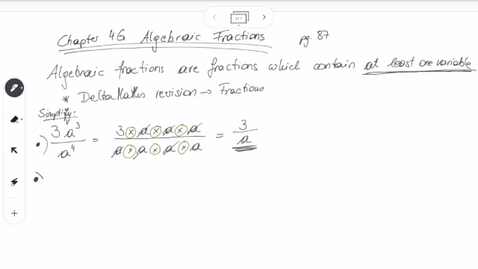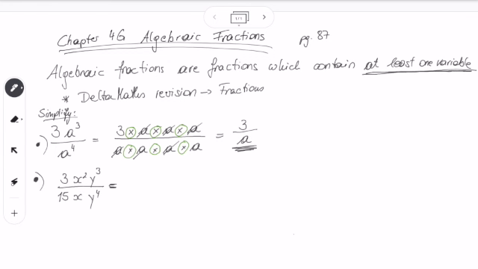Let's look at a different example. Let's say we have 3x to the power of 2, y to the power of 3 over 15x and y to the power of 4. Let's simplify that. Before we simplify, we're going to expand so that canceling is easier.